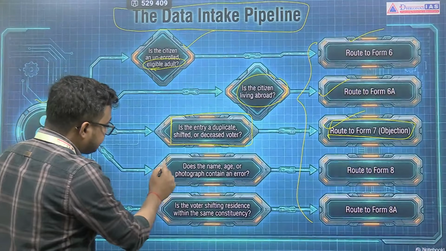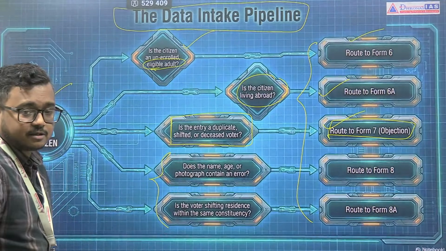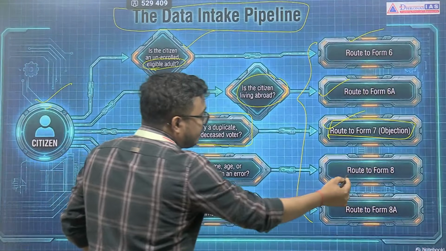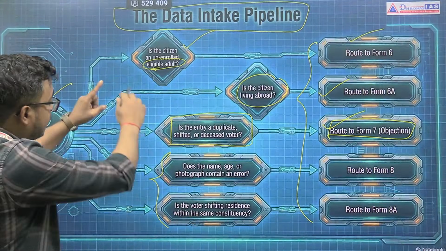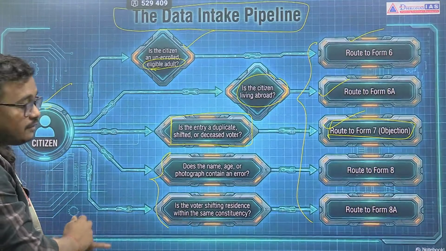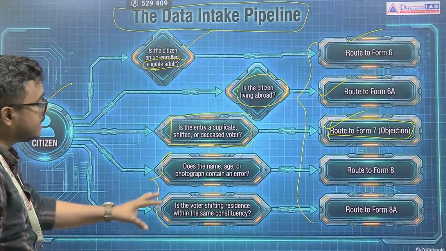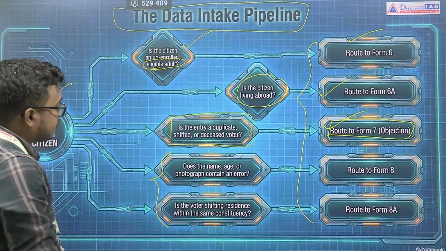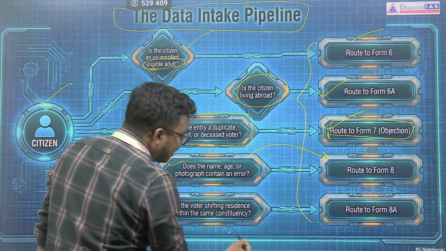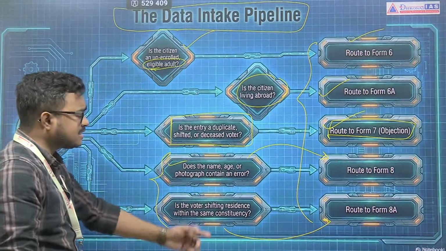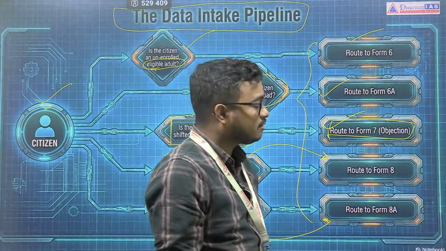And what about error correction? For error correction, we have 8 and 8A. See, these are factual. But if you remember this structure, then these things will become very, very easy. So if it's an error, Form 8. And if you are shifting your residence within the same constituency, then Form 8A.